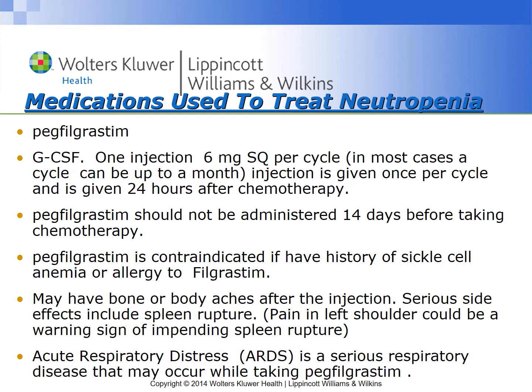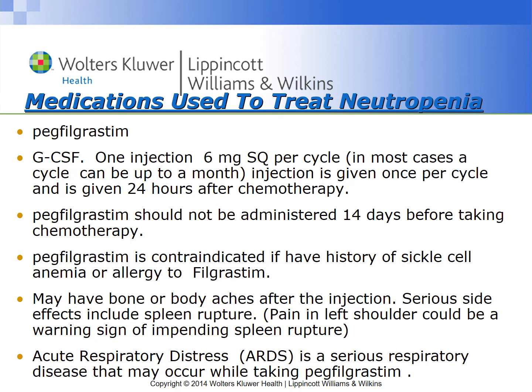So it's one sub-Q injection per cycle in most cases, and it's given 24 hours after the chemo. They should not take it within 14 days before chemo, and it's given at 24 hours after chemo.